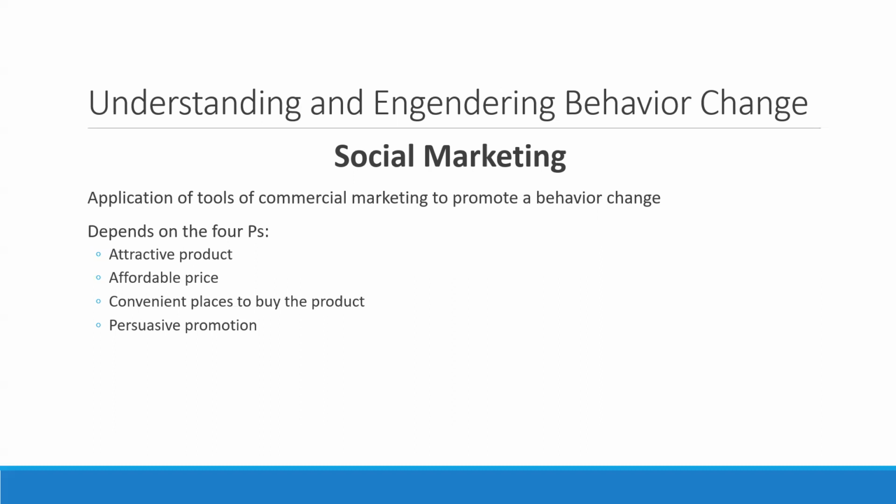Social media is becoming maybe even more important in terms of that. So health programs have said we need to think about how commercial marketing is so successful and bring that into our interventions to change behavior. Some principles as part of that are the 4 Ps. The product needs to be attractive, affordable, and convenient, and it needs persuasive promotion. That's simple to say, but maybe harder to do. Still, we can learn lessons from this.